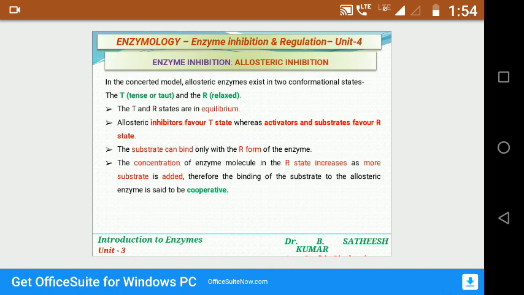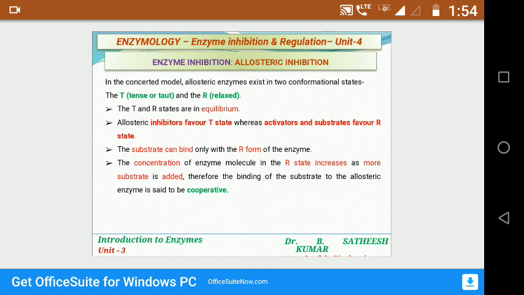Tense means that it is not at all flexible. It is completely tense. So this is an inactive form of the enzyme, and R is relaxed, where the conformational change easily takes place and the active site easily binds the substrate. So R is the reactive form of the enzyme and T is the inhibited form of the enzyme.